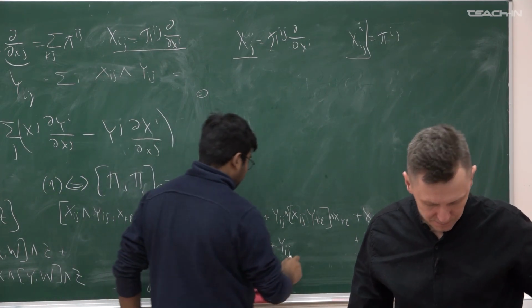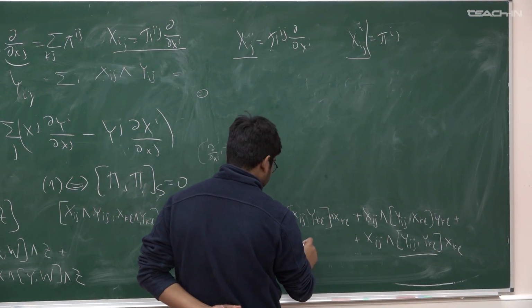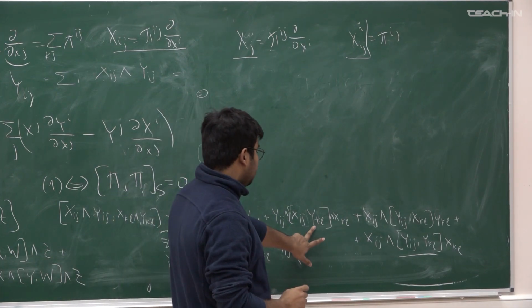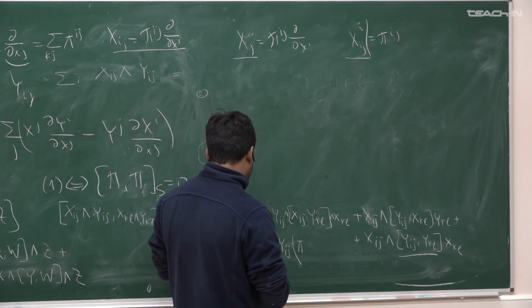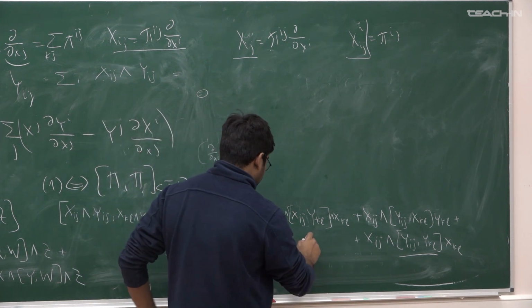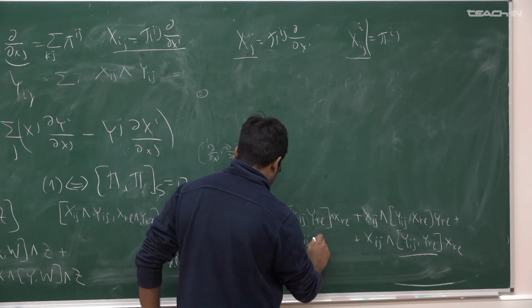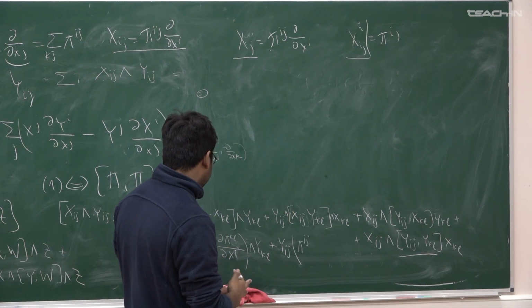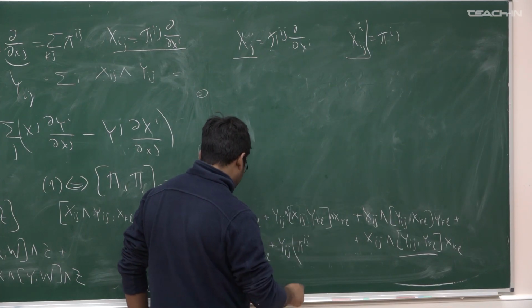Now in this case, it will be again pi. What we have here, this vector field y. I should say that this will be again pi ij index. So it will not make any difference because of this x and y.